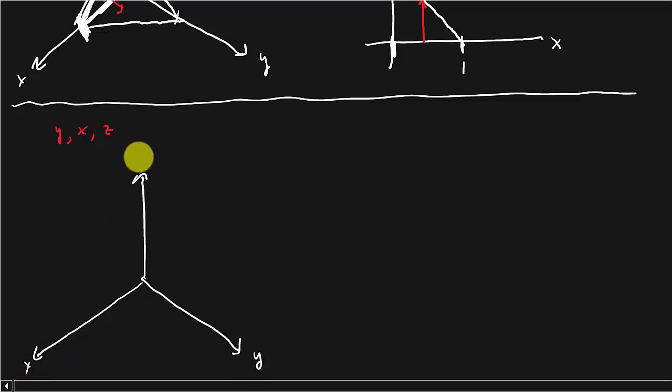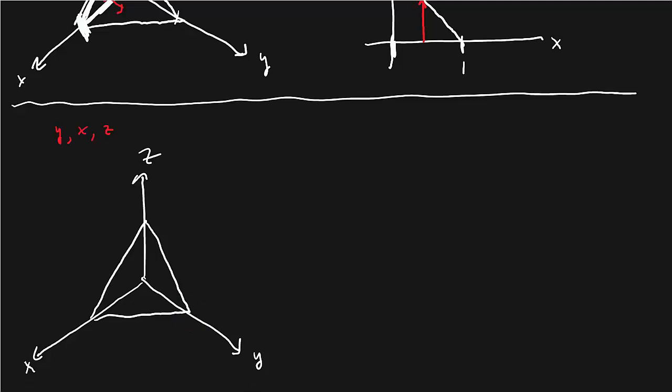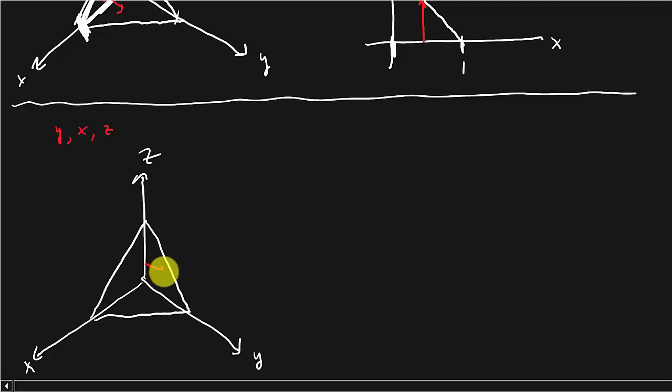X, y, z. And got something like this. Okay. So once again, in the y direction, this is from y equals 0 to this plane here.